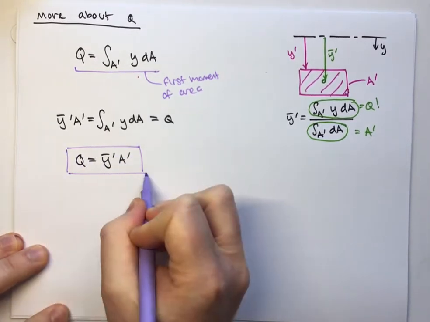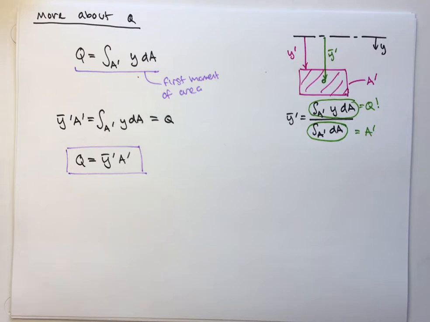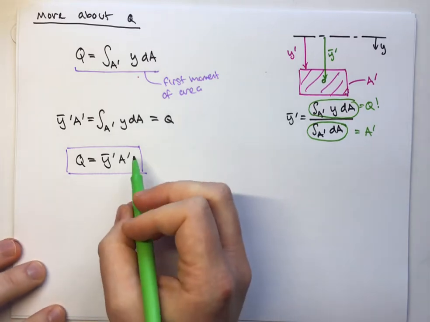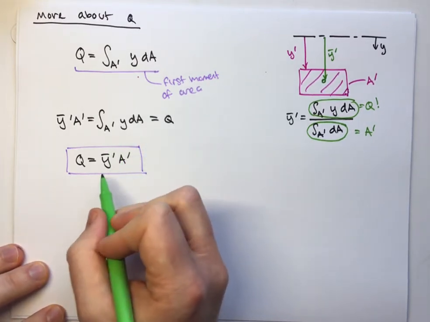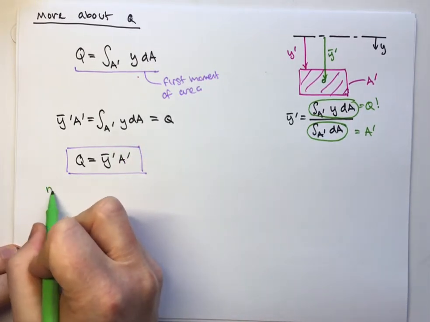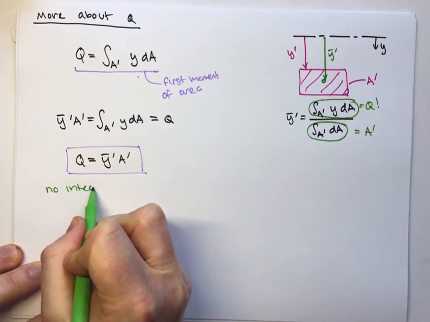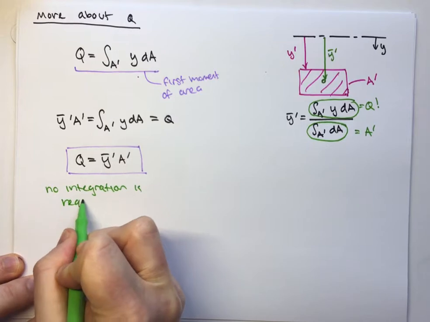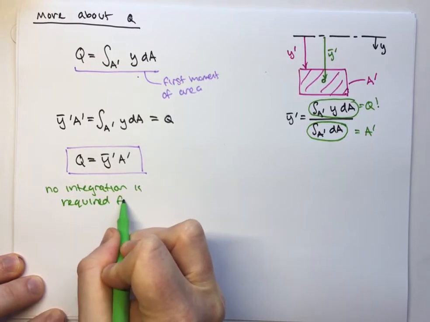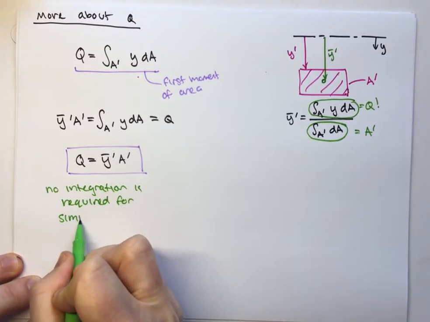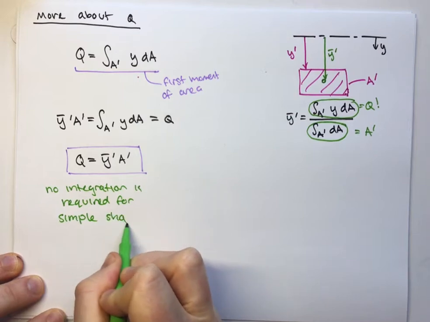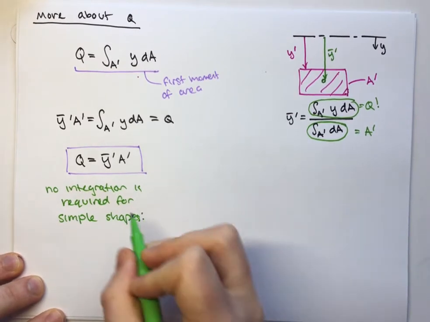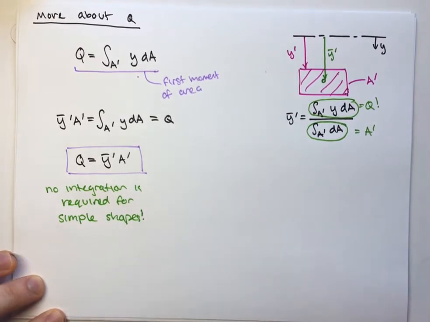So instead of having to do the integrals, now all we need to do is our regular centroid finding that we're good at now. So the good news is no integration is required for simple shapes. You can put a big exclamation point on that one.